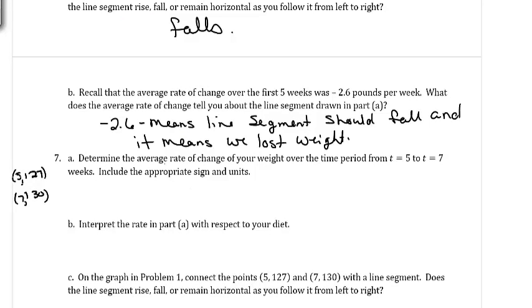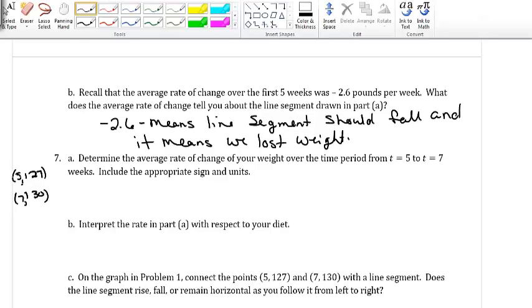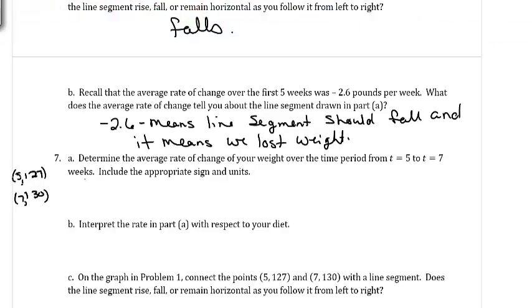We're calculating the average rate of change, which I'll abbreviate as ARC. So this is y2 minus y1 over x2 minus x1. We take 130 minus 127.